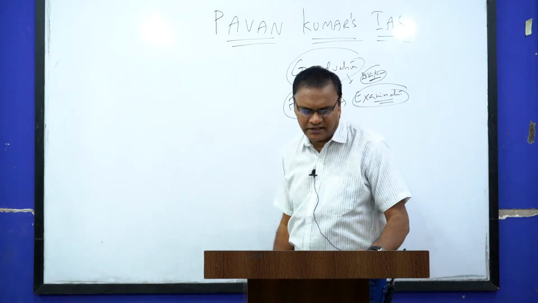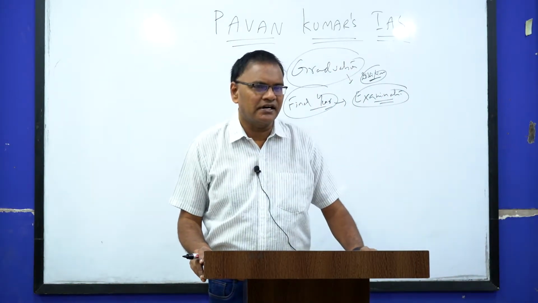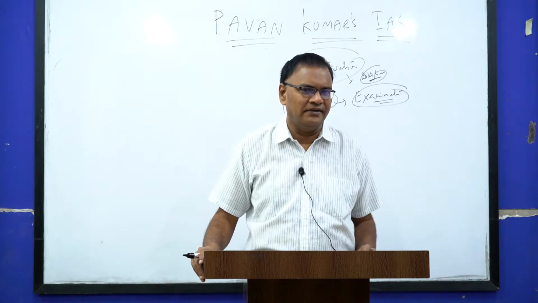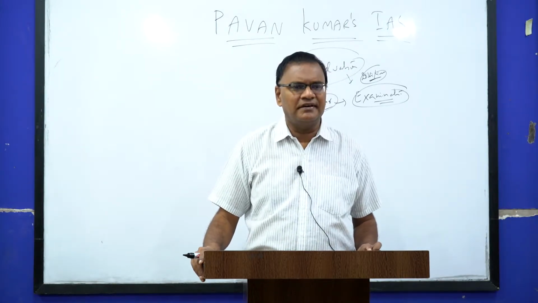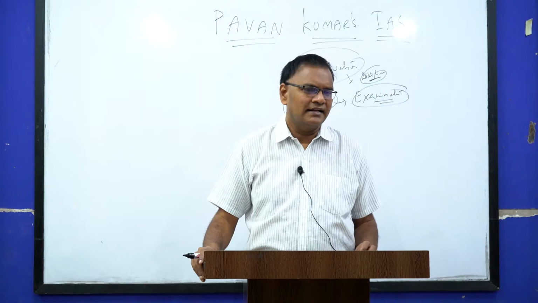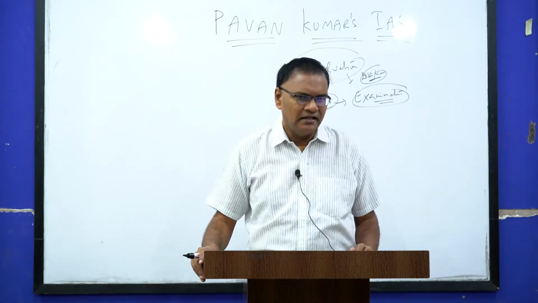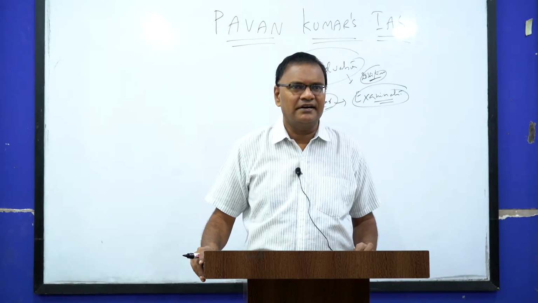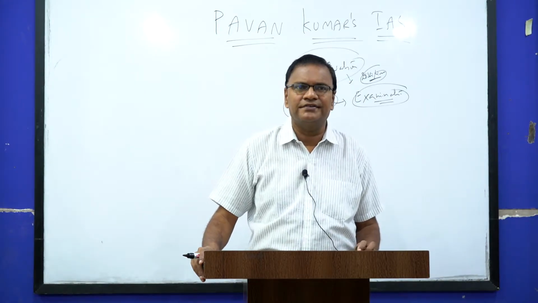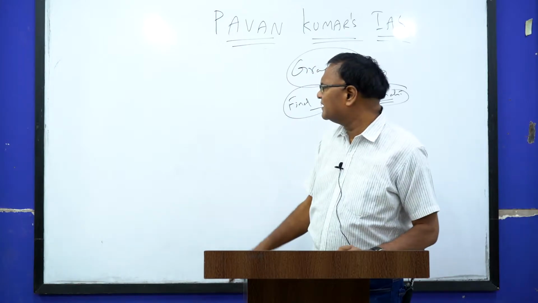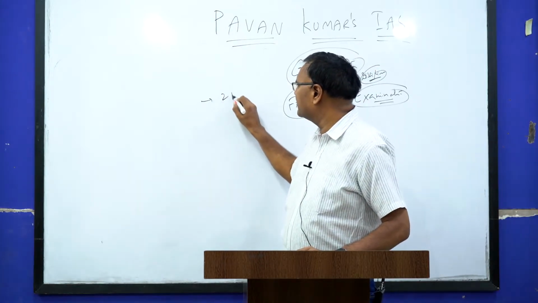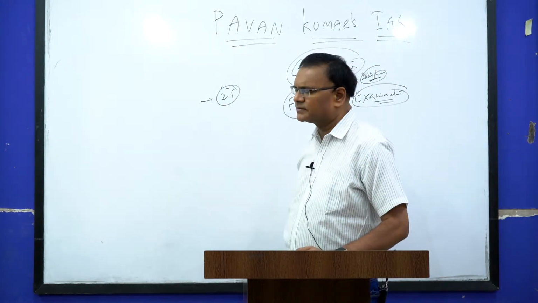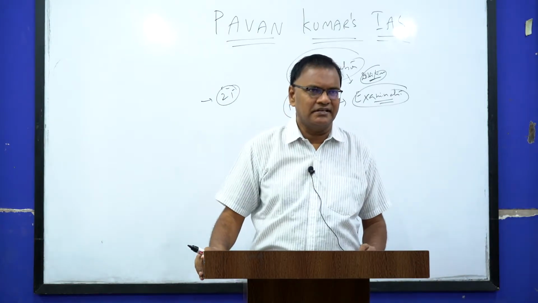You can be a graduate in physics or chemistry or history or geography or engineering or medicine or law or commerce and accountancy or economics or literature. You name it, you have to be a graduate in any of these academic disciplines. The next qualification is that you must be a minimum of 21 years of age when you take this examination.